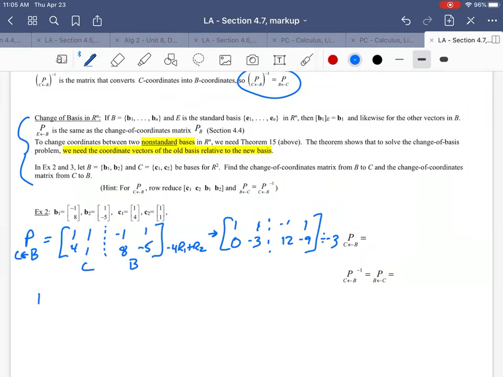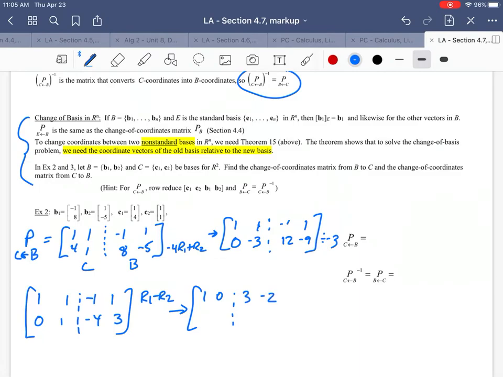So the top is the same, 1, 1, -1, 1, and then 0, 1, -4, 3. And as a last step, I'm going to do row 1 minus row 2. All right, so then I'm done. I get 1, 0, 3, -2, 0, 1, -4, 3.